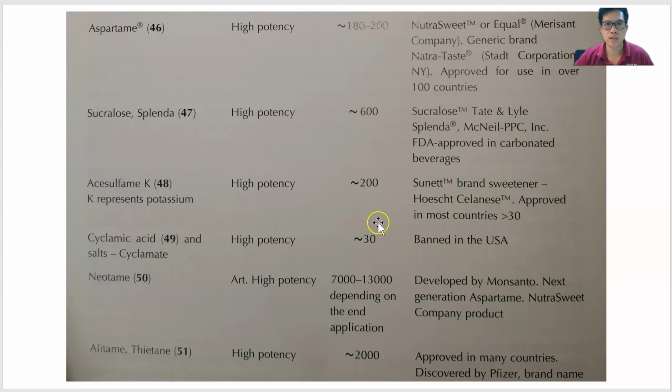Acesulfame-K is getting more and more popular in soft drinks. Saccharic acid has high potency, more than 30, but it's banned, probably because it causes some kind of side effect to humans. Neotame, very high potency, and alitame, thaumatin, very high potency.